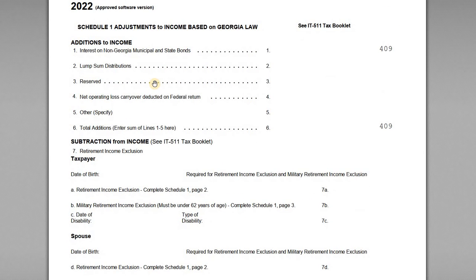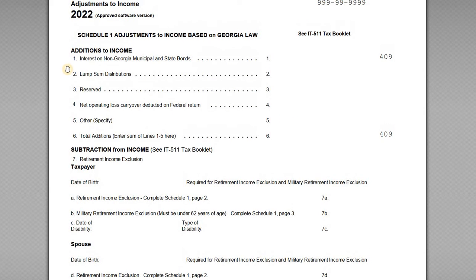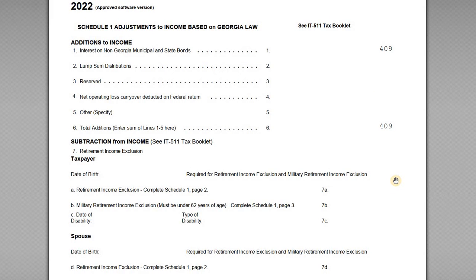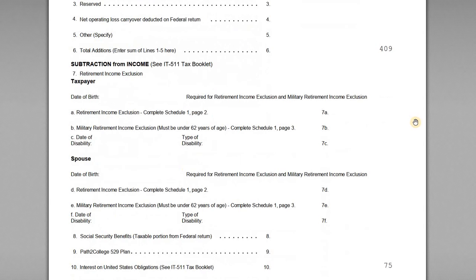So you have any kind of additions here or subtractions from income. The first addition we have, line 1, is the interest income on non-Georgia municipal and state bonds. So there's the $409, right? That is an addition to our Georgia income because the federal government can't tax it, but Georgia can under these circumstances. So $409 increased income.